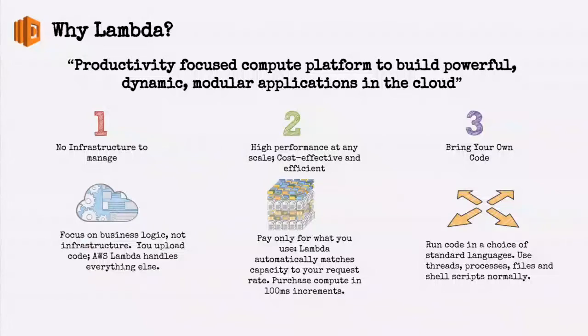So Lambda. Why do we want Lambda? It's not just a buzzword. It really, really works. First of all, there's no infrastructure. Well, not that we control anyway. Of course, the code runs somewhere. But we don't manage that somewhere, which means that if we suddenly get DDoS, for example, the service will not fail because we have Lambda.